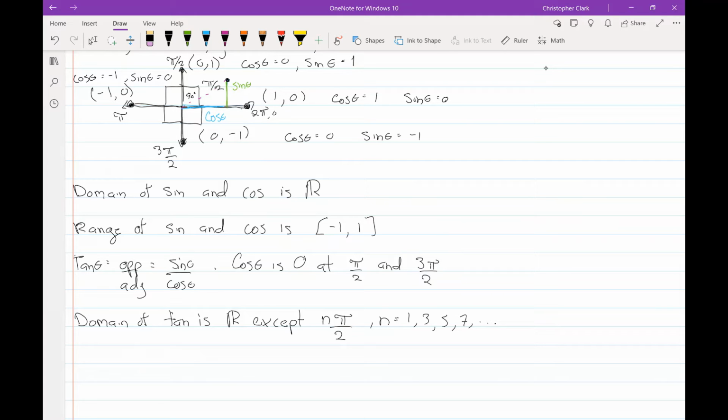So what about the other functions, the co-functions, right? The cosecant, secant, and the cotangent.